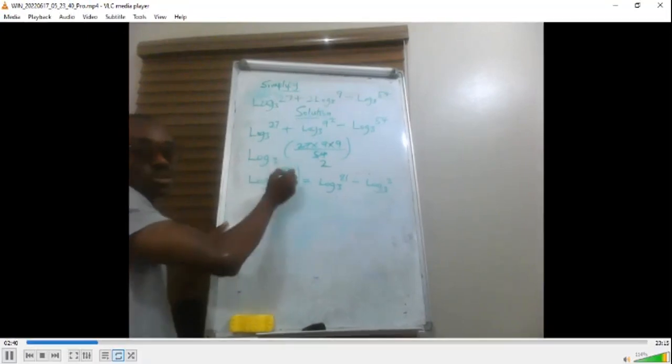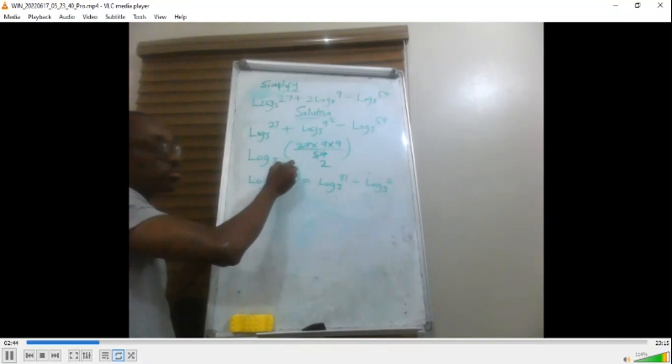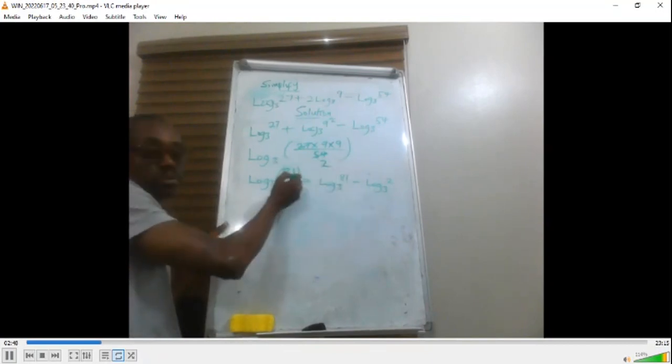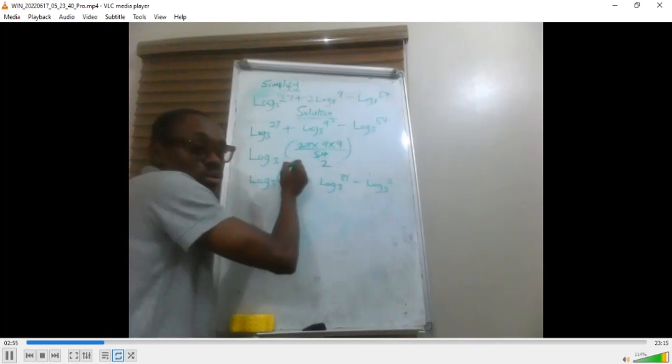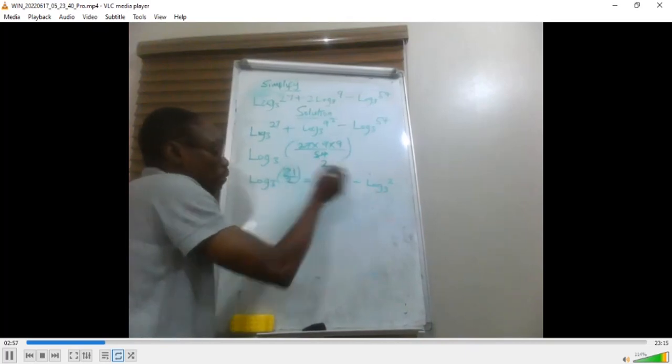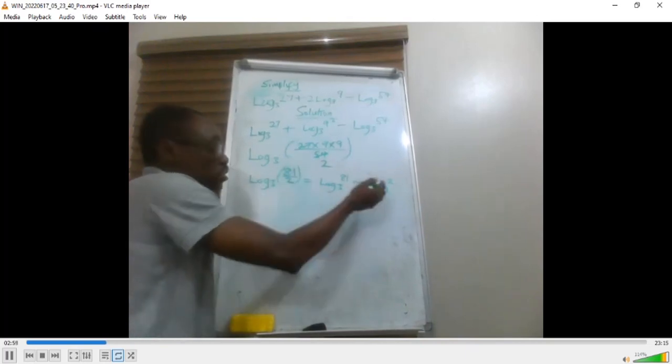Applying the rule, this is division. So division is simplified as subtraction: the top minus the bottom, the numerator minus the denominator. So that is going to be log 81 base 3 minus log 2 base 3.